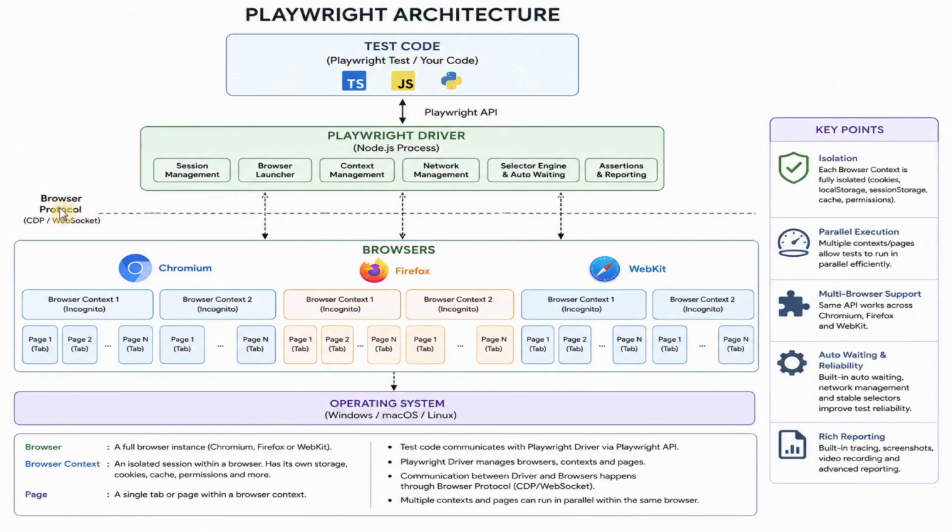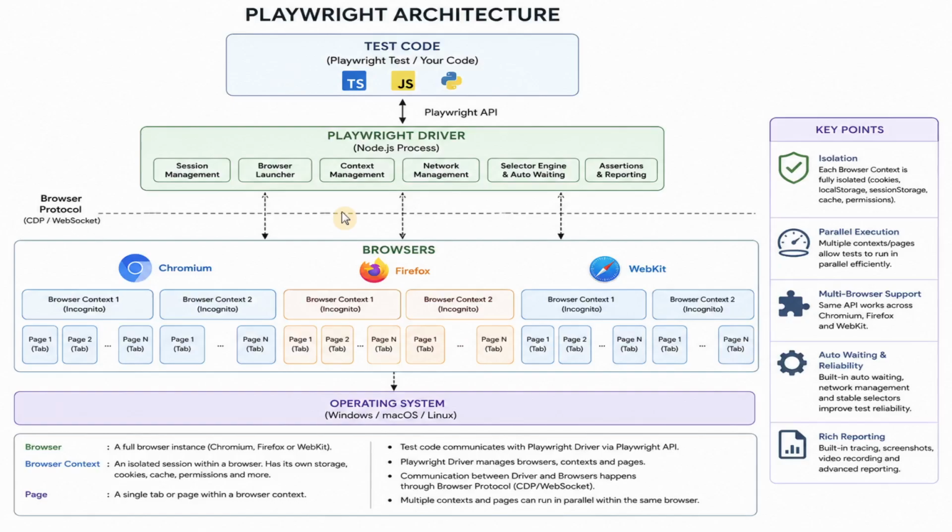So this is the browser protocol, and this is the CDP and the WebSocket. We are going to talk about this. This is your DevTools, basically the Chrome DevTools Protocol. So let us talk about that.